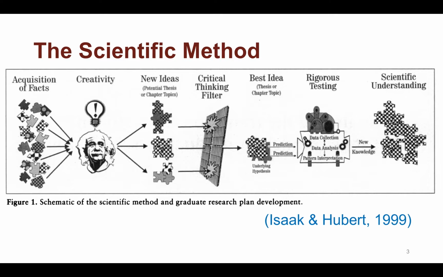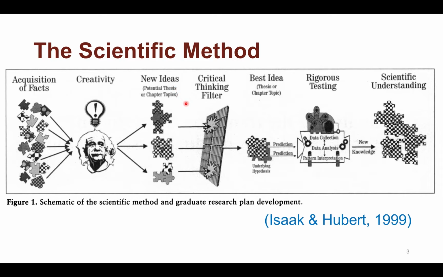So according to Isaac and Hubert, who are specifically talking about how this looks for graduate student research, they dedicate a lot of space in their diagram to coming up with your initial idea. So it starts with acquiring a bunch of facts that you then use creativity to combine in interesting ways to come up with new ideas for your thesis.